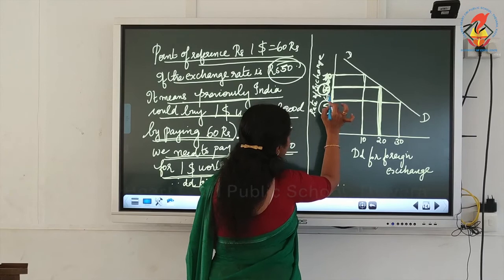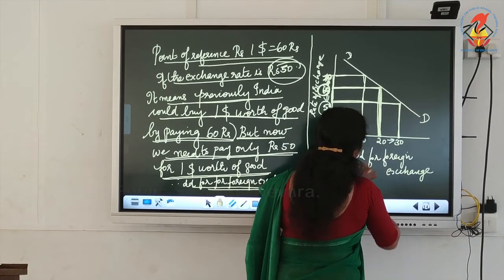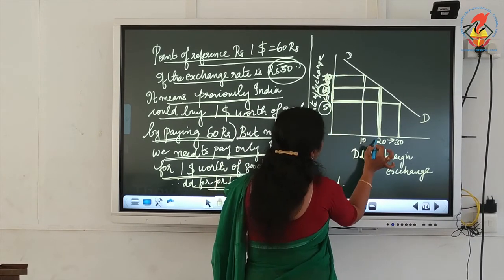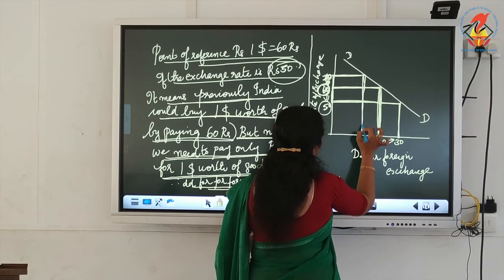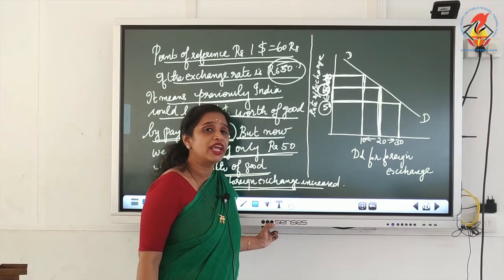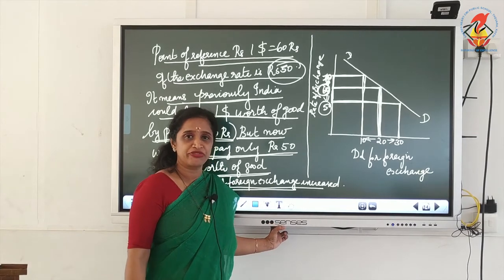When the rate of exchange decreases to 50, demand is increased to 30. When the rate of exchange increases from 60 to 70, the demand for foreign exchange has decreased to 10. So there exists an inverse relationship between demand for foreign exchange and price of foreign exchange.